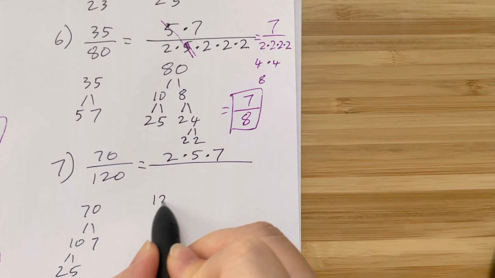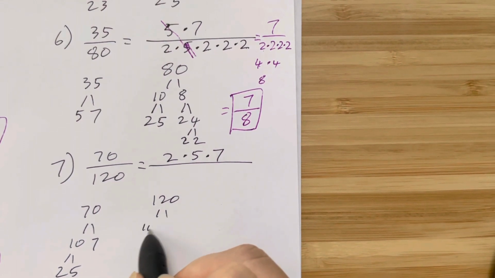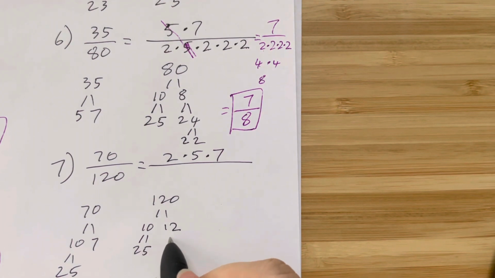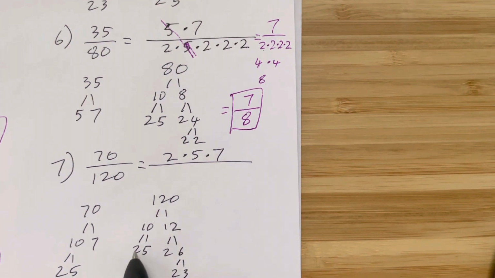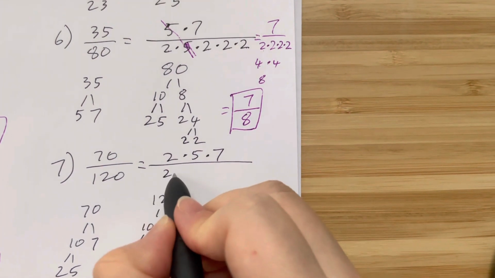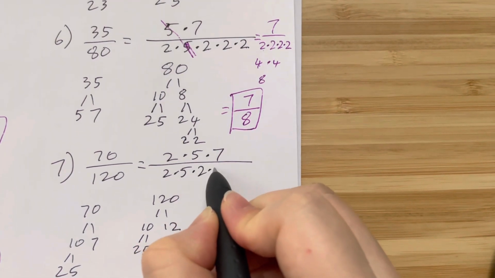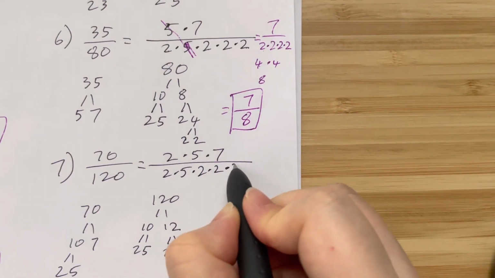For 120, we have a 10 and a 12. This one is 2 and a 5, and this one is a 2 and a 6, which can break down to a 2 and a 3. So we have 2 times 5, and then 2 times 2 times 3.